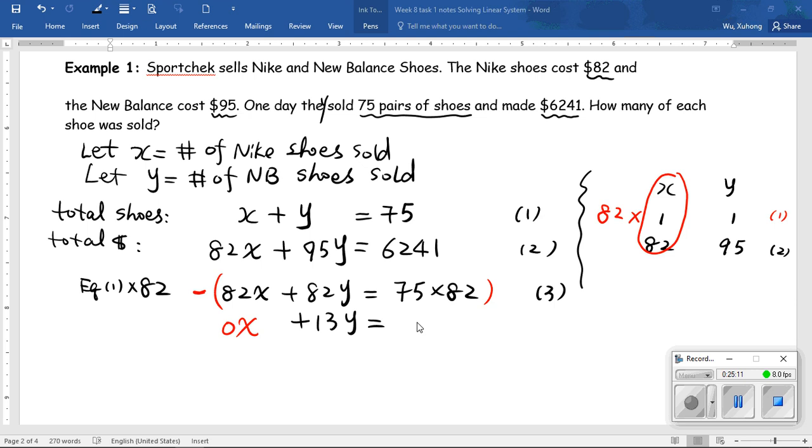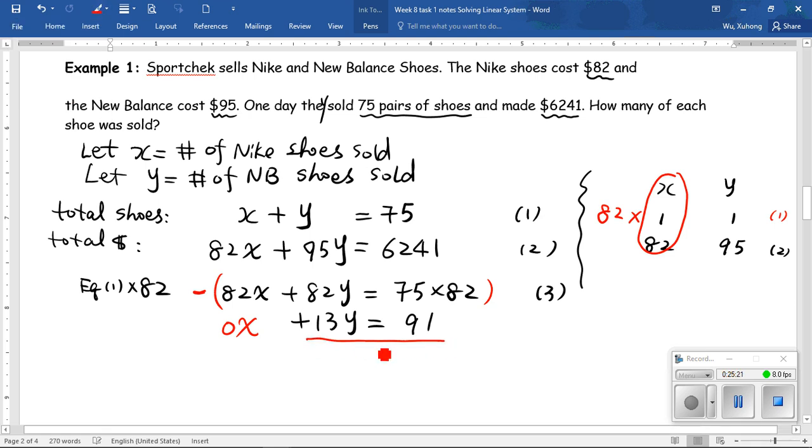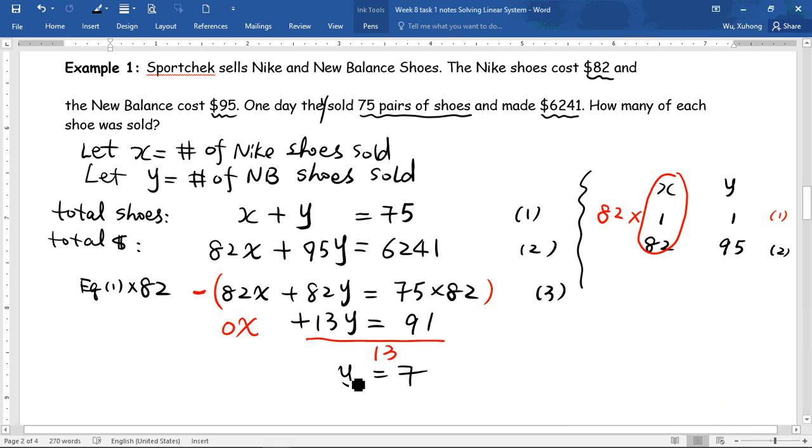When you subtract, you will find out it is 91. Okay. Then we divide each side by 13. You will have y equals 7.